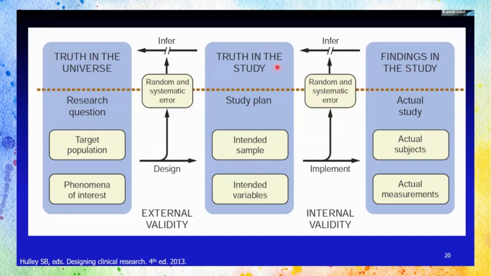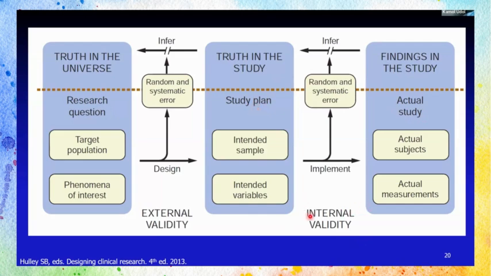So from study plan to actual study, if we have error here, then we have a problem with internal validity. Internal validity concerns the study plan, the plan that we have, and the actual study, whether we get something according to the plan that we made in the beginning.